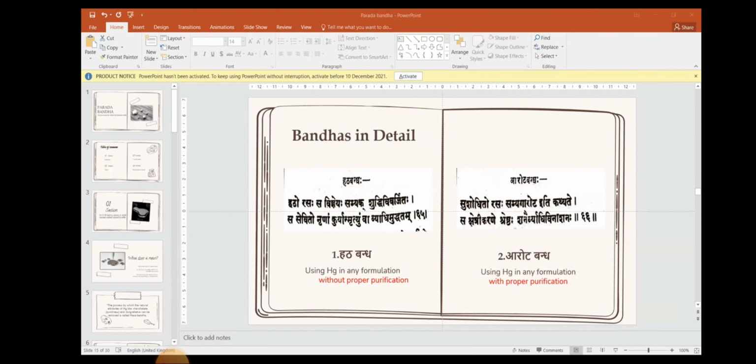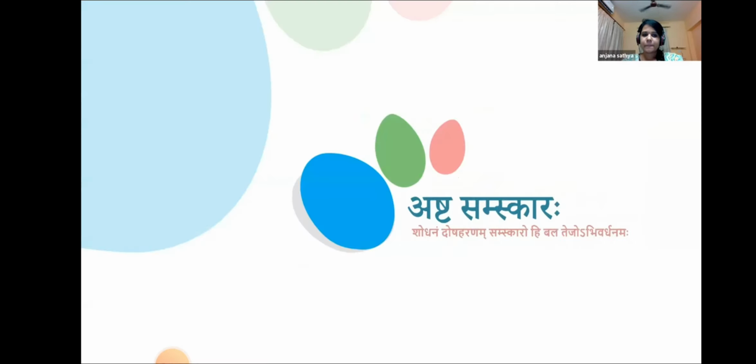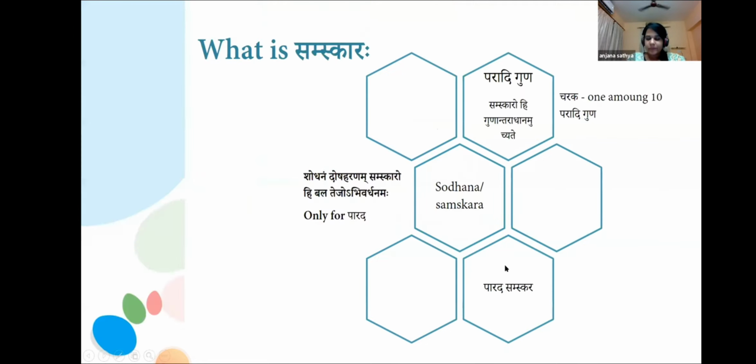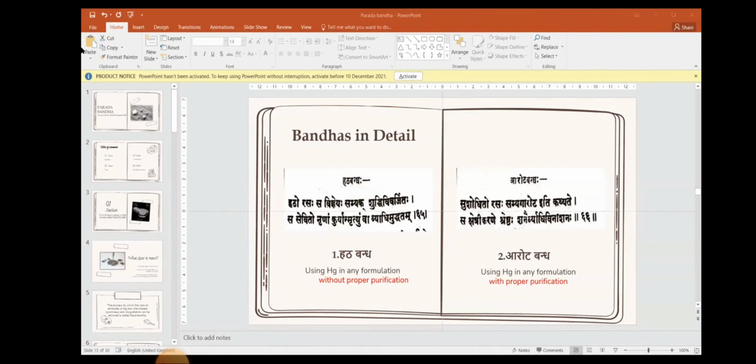So the next topic is Ashta Samskaras of Parada. The term samskara means "samskarohi gunantaradhanam ucyate."